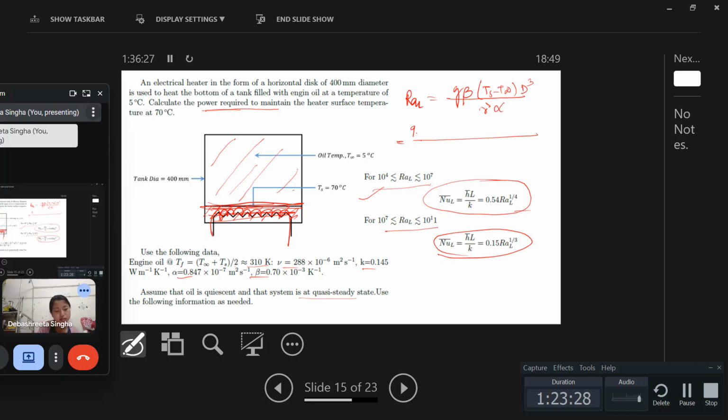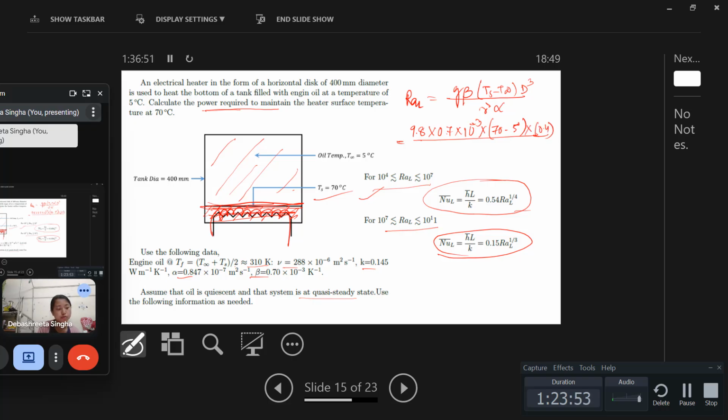So g is 9.8, into beta is 0.7 into 10 to the power minus 3, into Ts minus T infinite, surface temperature is 70, oil temperature is 5 degrees, into d cube.